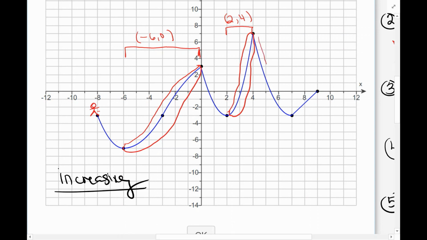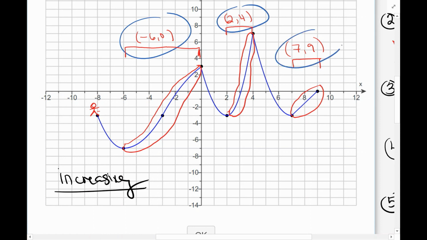Then I start going down the roller coaster again. That's the part I don't want, right? And then I have another increasing section right here, and this will be from 7 to 9. So where is this graph increasing? Where am I going up the roller coaster? You're going up the roller coaster from -6 to 0, 2 to 4, and 7 to 9.